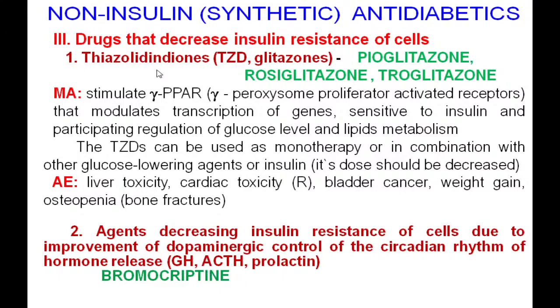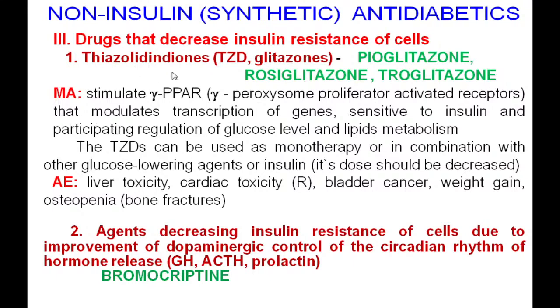First, thiazolidinediones. They include pioglitazone, rosiglitazone, troglitazone. More often, pioglitazone and rosiglitazone are used.